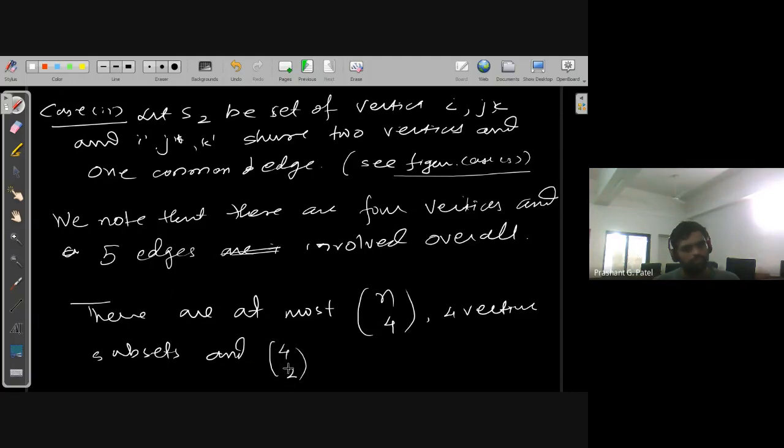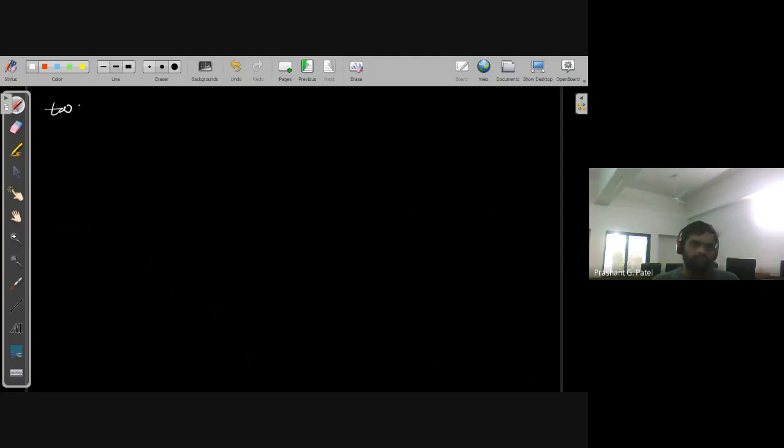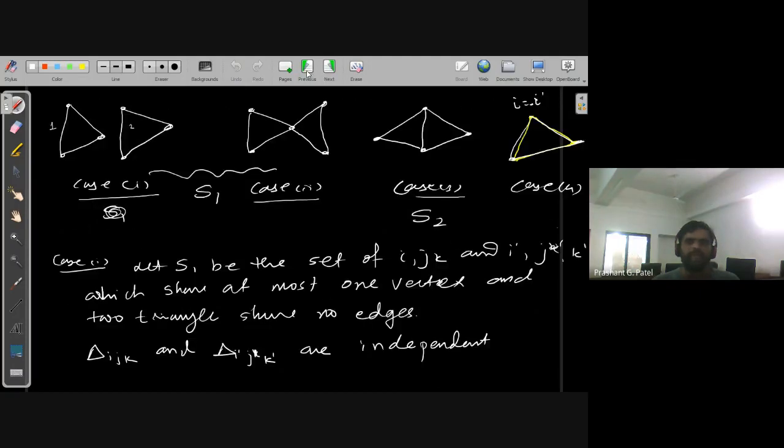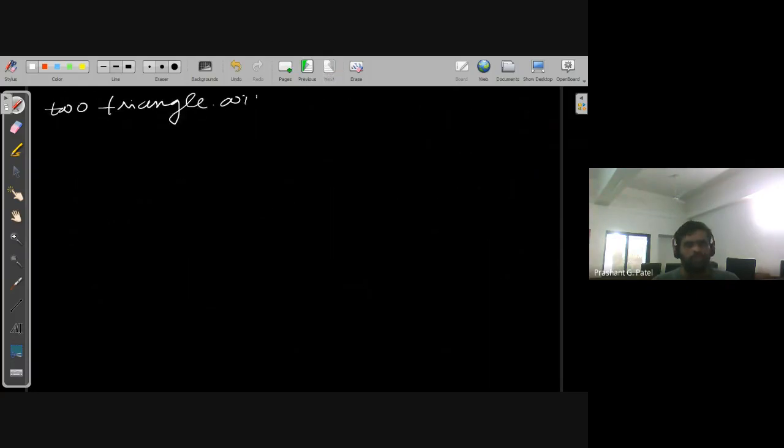So out of these 4, 2 triangles have a common edge. So the ways to partition the 4 vertices into 2 triangles, because there are 4 vertices and we have 2 triangles, we need to partition them with one common edge.